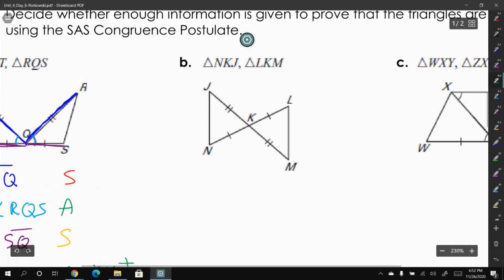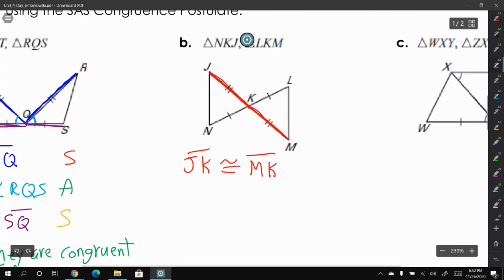Now letter B, we have side JK is congruent to side MK. We have this angle here. These are vertical angles. Those are not going away. We always need to be able to recognize them. So angle JKN is congruent to angle MKL.